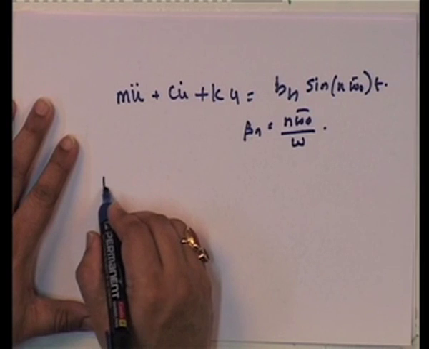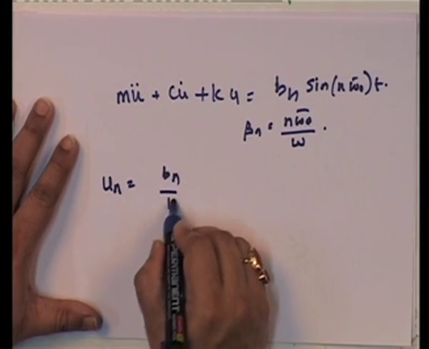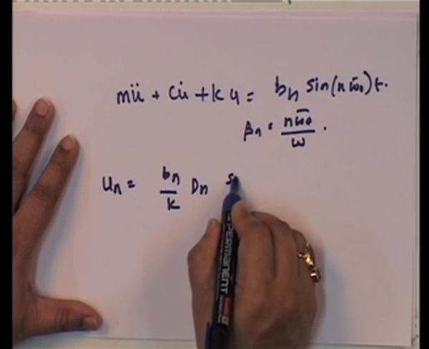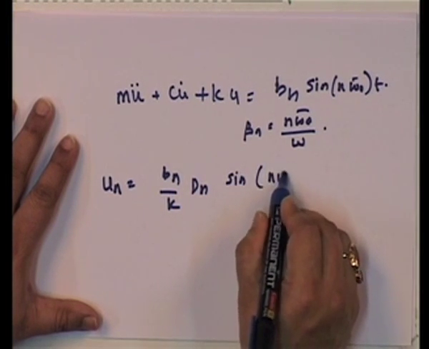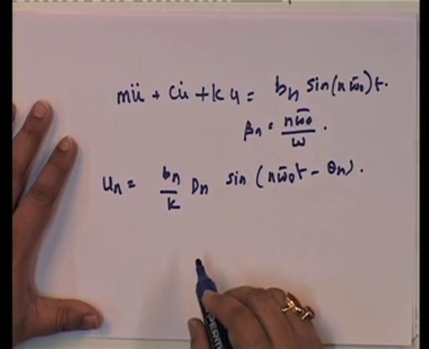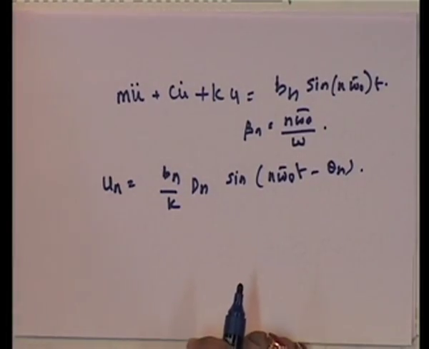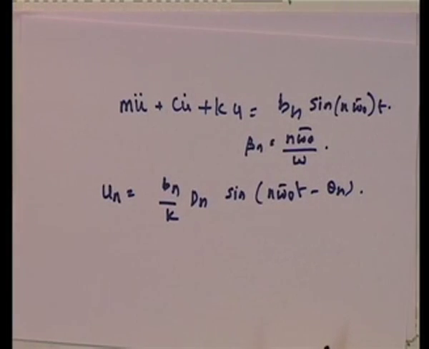My u n turns out to be equal to B n upon k into d n sine n omega 0 t minus theta n, where d n and theta n are exactly the same as given here. We showed that, right?